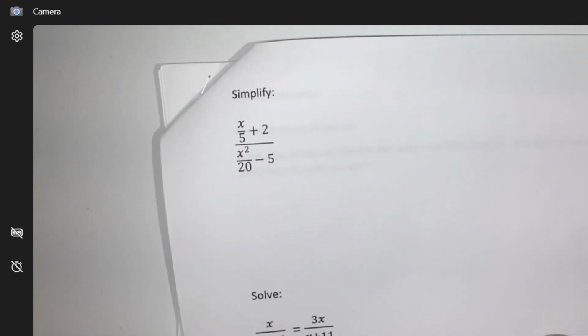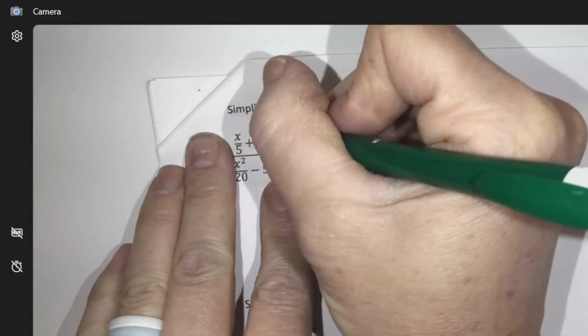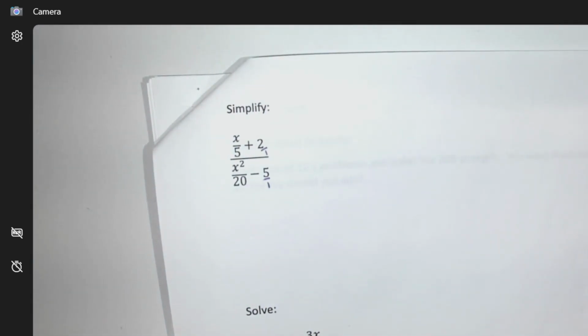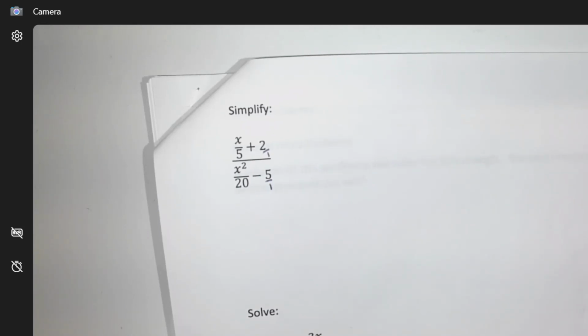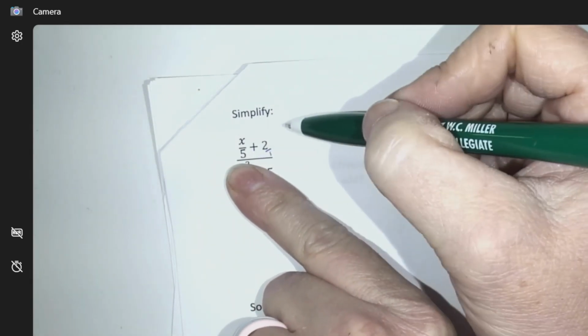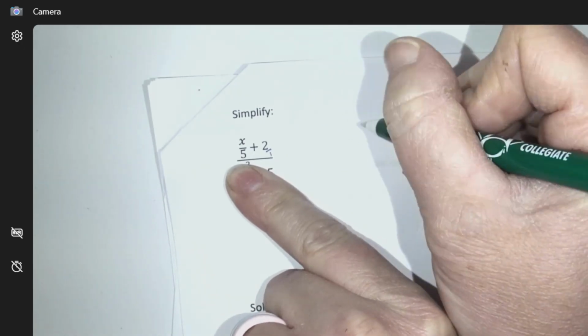Okay, complex. Whenever I see just numbers involved with fractions, I like to write them over 1. Okay, so we're going to just work with this top stuff. So this has a bottom 5 and this has a bottom 1.